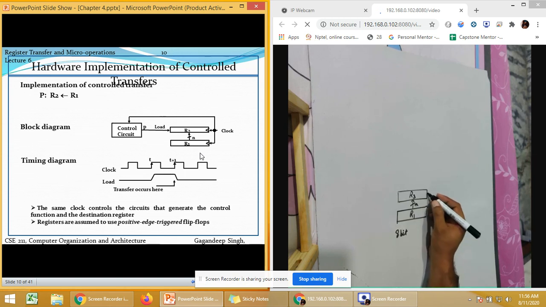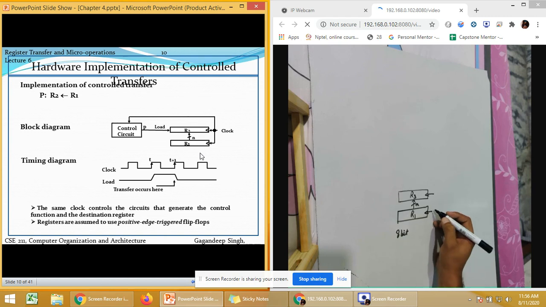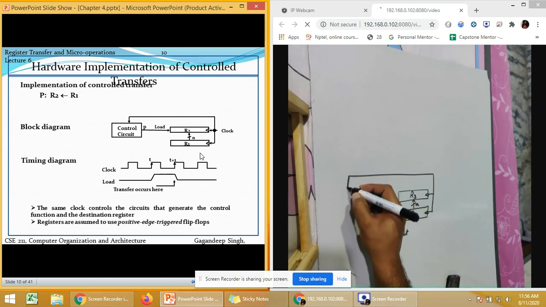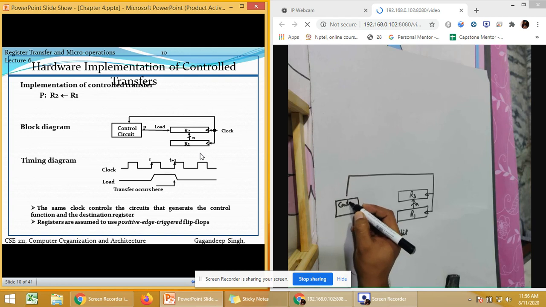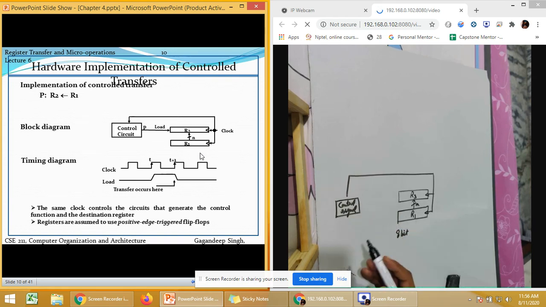Then after this we have a clock, which is shared between both the registers. So we have a common clock. This common clock is also connected with a controlling signal. Now this control signal will send a signal that this is the load line.